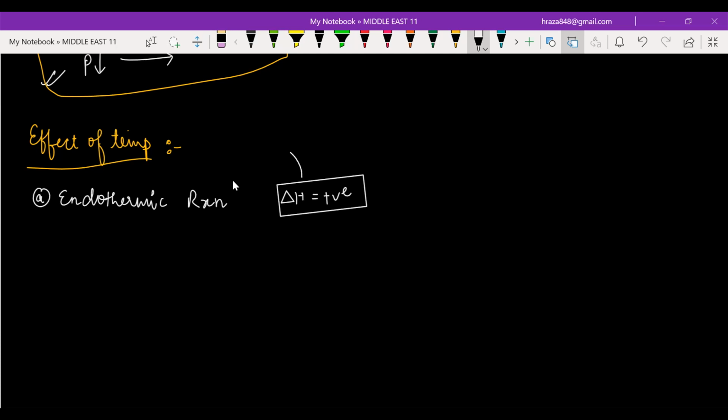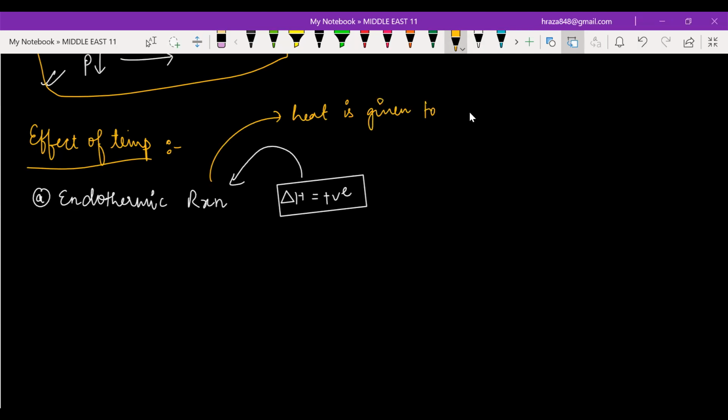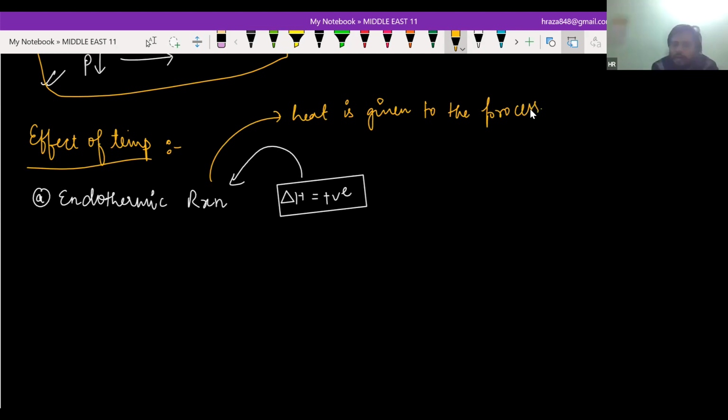Delta H positive represents an endothermic reaction. And what does an endothermic reaction mean? Heat is given to the system, or to the process or to the reaction. For this reaction, heat is required. If there is a reactant, you need to add heat to proceed forward.